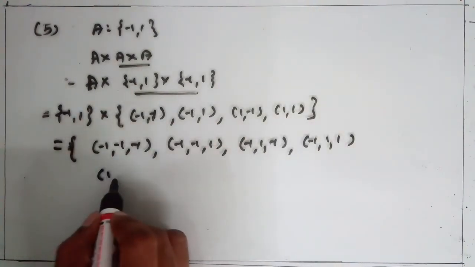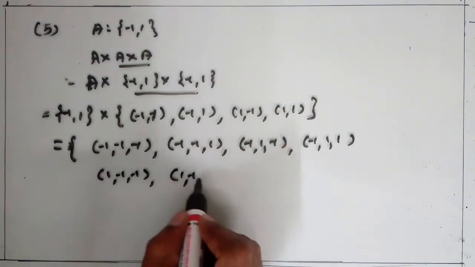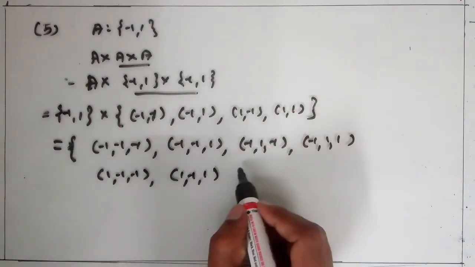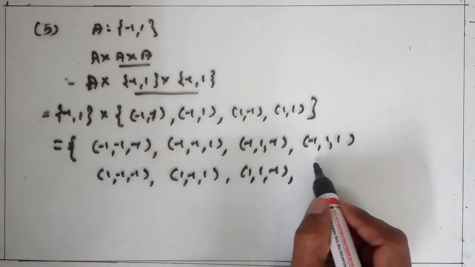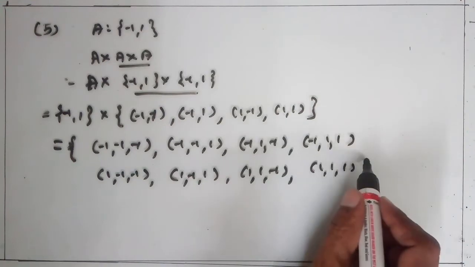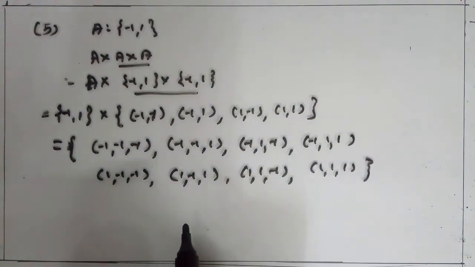Here we get (1, -1, -1), (1, -1, 1). Now with this, (1, 1, -1), and the last (1, 1, 1). Clear? So this becomes the triple cross product. Not an important question, but think how to get A cross A cross A.